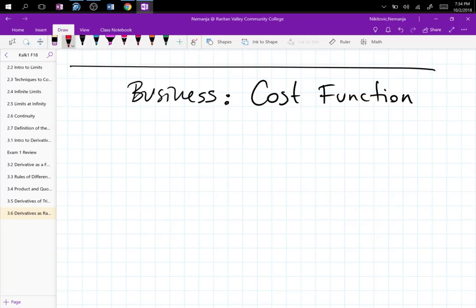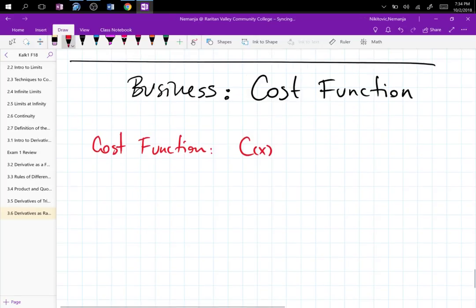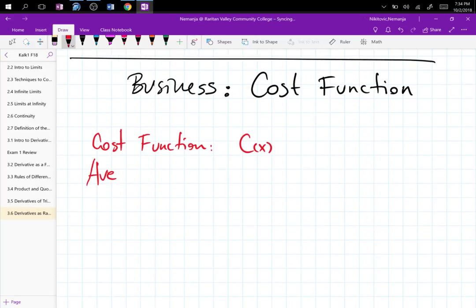So what do we have? We have first the cost function. I'm not sure why I'm doing this in red, but yeah. Cost function is C of x. And then we have average cost, which is C bar, which is the cost function divided by the number of units you make.